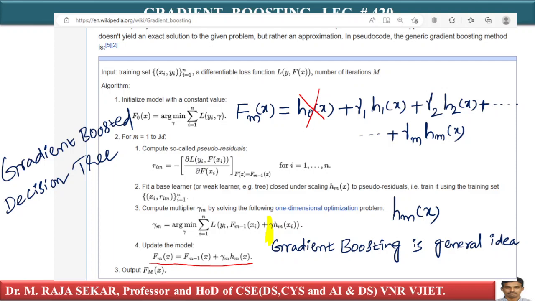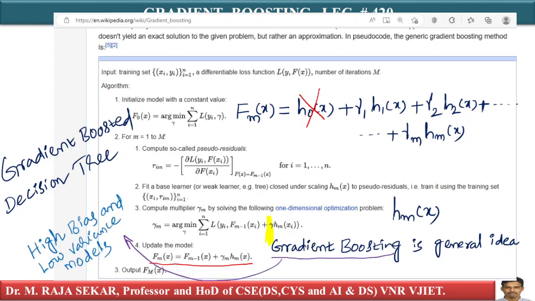Remember, what do we want in these decision trees? The whole idea in gradient boosting is that we want high bias and low variance models.